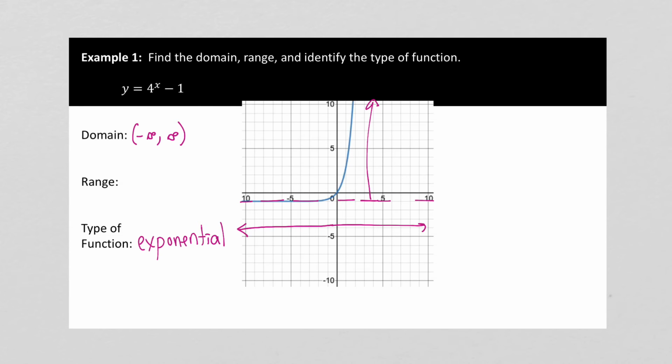It's never going to quite hit negative 1 there. So we would not include negative 1. We use a parentheses and it'll go to infinity. So you do have to be careful with these, that you're aware of how to write things correctly for each type of graph. Look back in your notes.